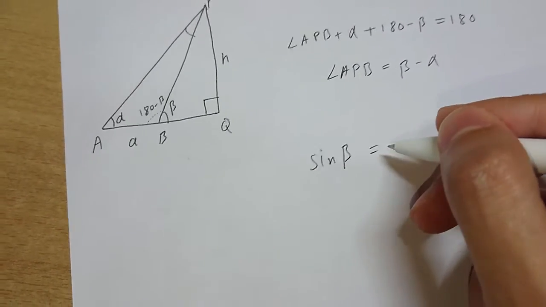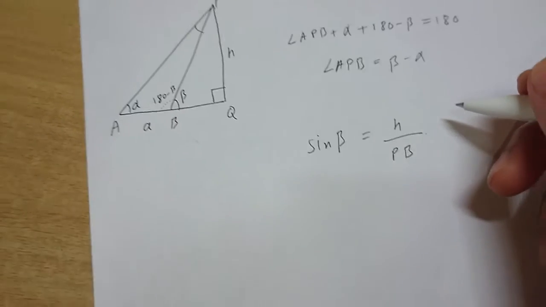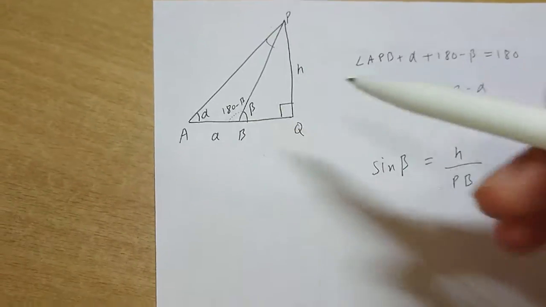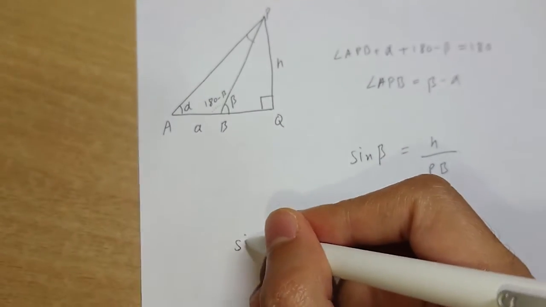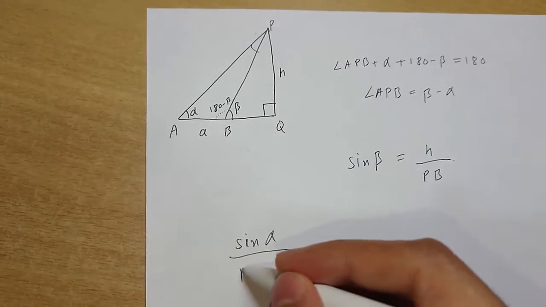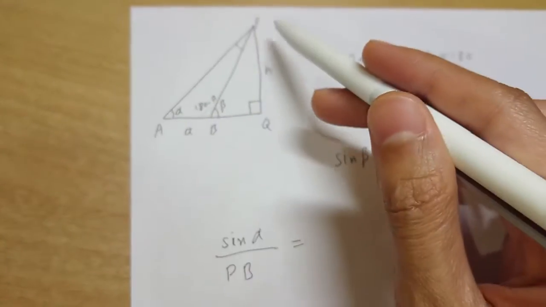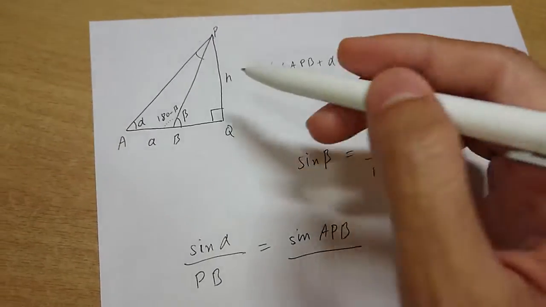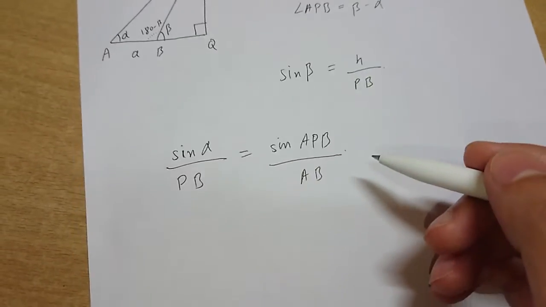Sine of beta equals h over PB, and in triangle APB we have to use the law of sines, that is sine alpha over the opposite side PB equals the sine of APB over the opposite side AB, and we can further simplify it.